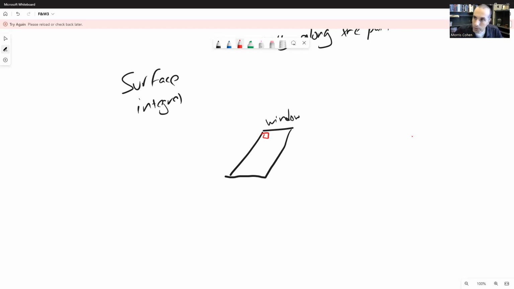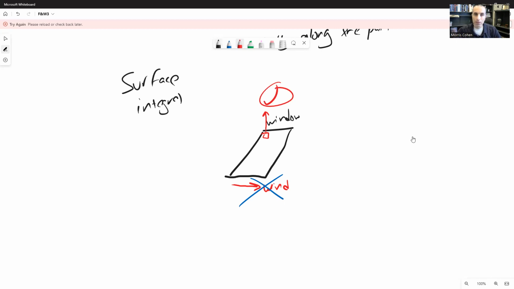But in doing so, we're only going to care about the component that is through the window. So if you've got wind that's sort of parallel to the window or alongside the window, then we're basically going to ignore that. We don't really care about that component. We do, however, care about a component that is through the window. So this is going to be important, that we want to capture in this surface integral.